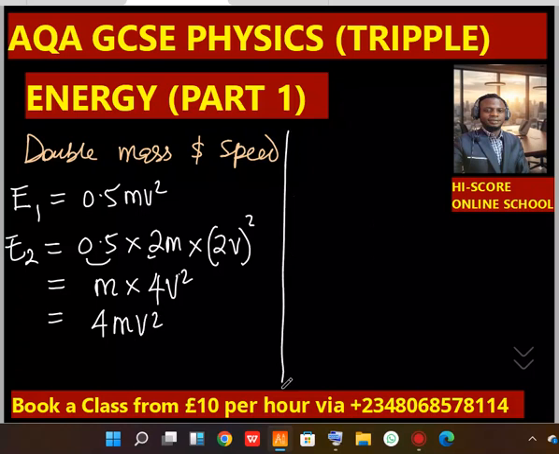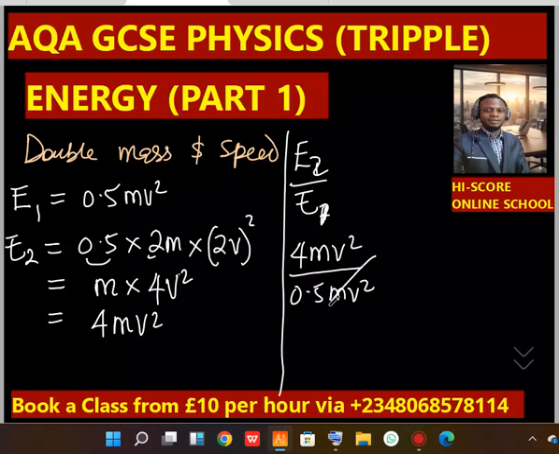So if we take the ratio of E2 upon E1, E2 is 4 mv squared all over 0.5 mv squared. This cancels this and we are left with 8. So if we double both the mass and the speed, the kinetic energy is going to become 8 times the initial value. All right, let's go to the next one.